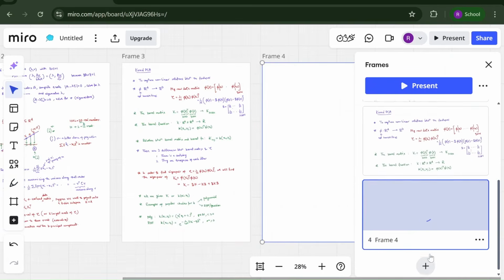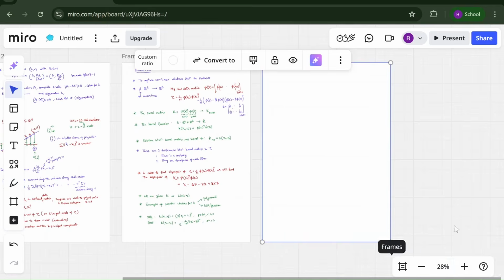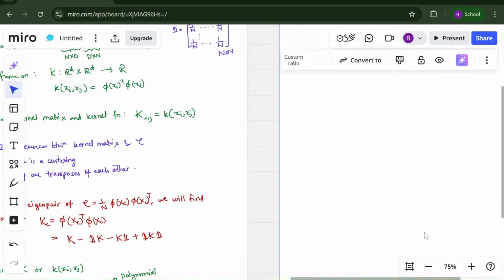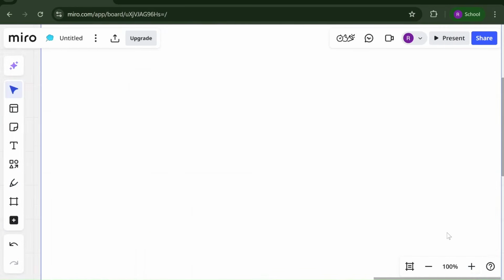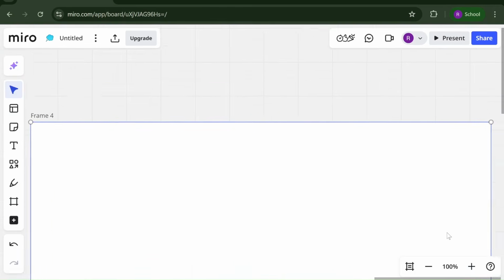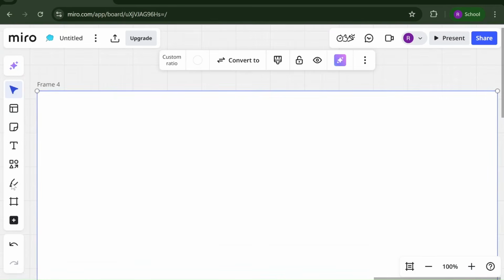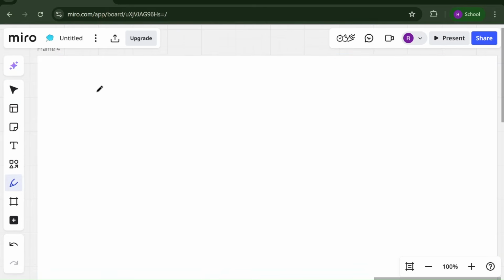So let me take another slide. The idea is that you cannot take any arbitrary function as K. What is K? K(xi, xj). You cannot take any arbitrary function.